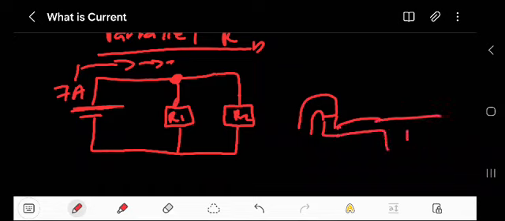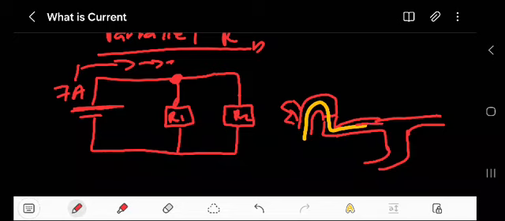This is still a pipe flowing like this, and the other pipe is flowing like this. If I turn on the tap, the water will flow and flow and flow. You see some of the water will go down like this, some of the water will pass like that.